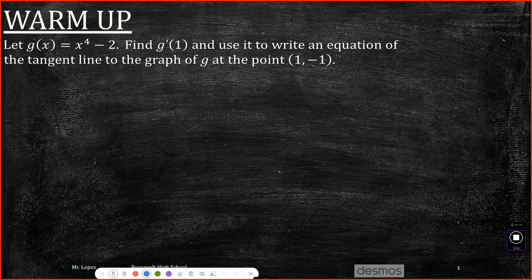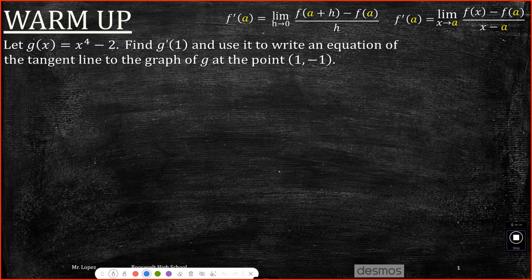and the first one was a bit weird, and it was this one right here. And then there was the other definition where it seemed a little easier. So these two are the definition of the derivative at a point.